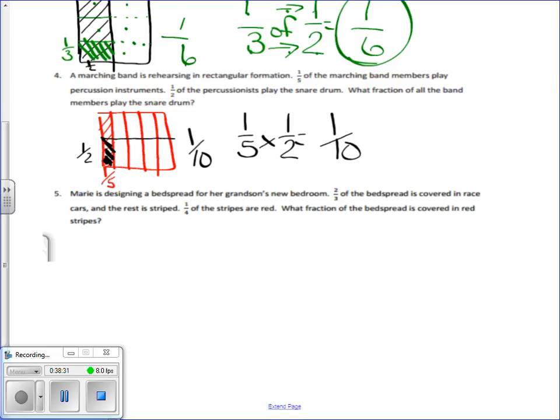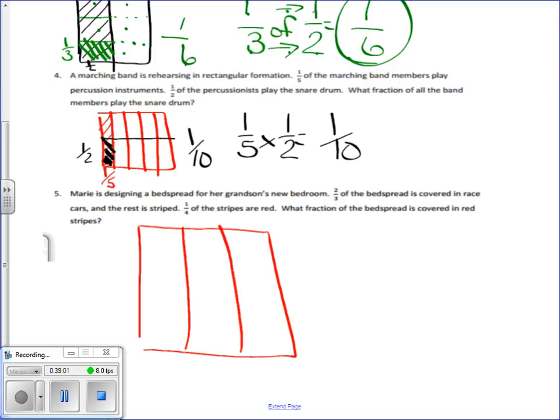Okay, so I know that if I do a rectangular model, how many parts are there? 3. 1, 2, 3. 2/3 of the bedspread is covered in race cars. The rest is striped.